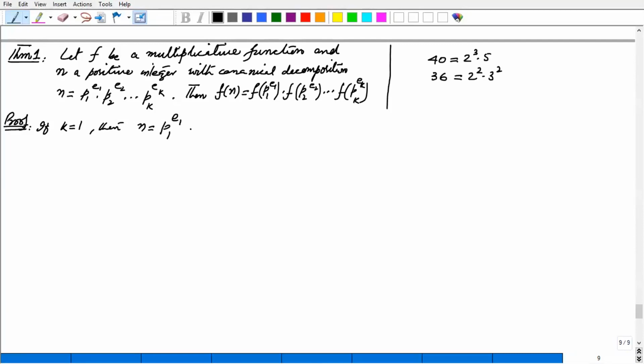In this case, f of n equals f of p1 to the power e1. So the theorem is trivial in this case.